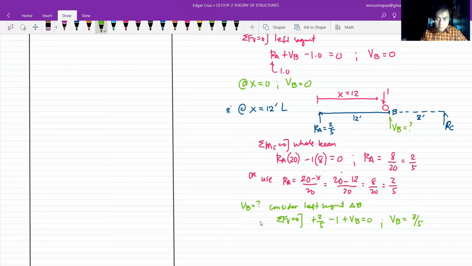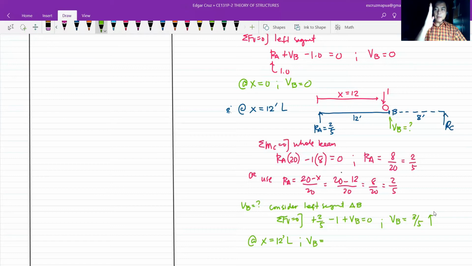So therefore, we could say that at X equals 12 feet left side, bago mag point B, ano ang true sign ng shear natin? Diba yung shear natin, this is 3/5 pataas. So pataas yung shear sa B.